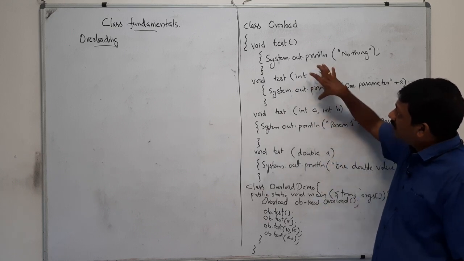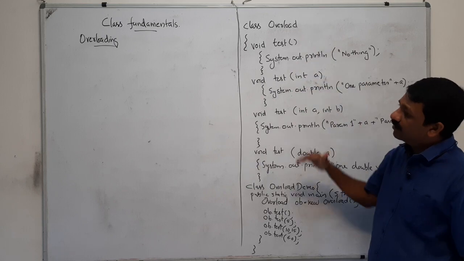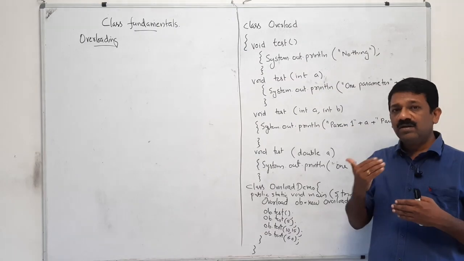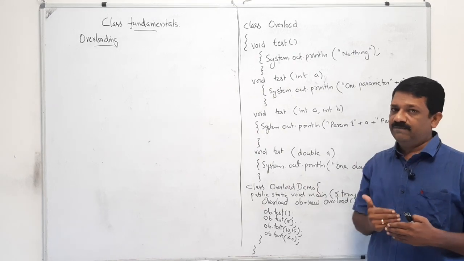That means we have a class, and that class has four methods with the same name.